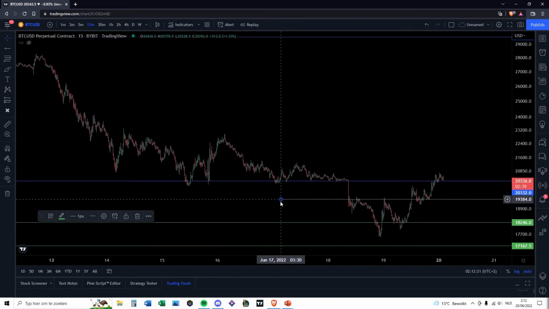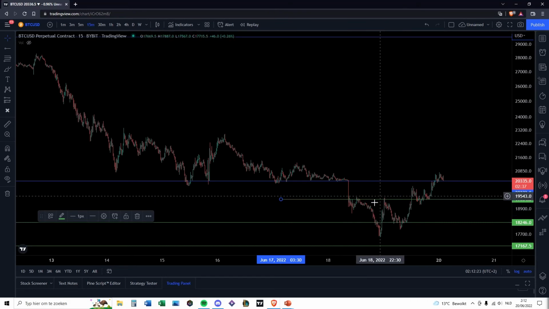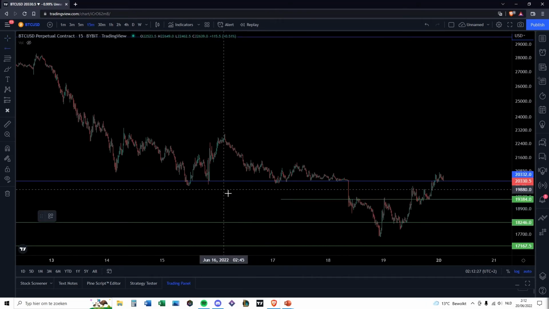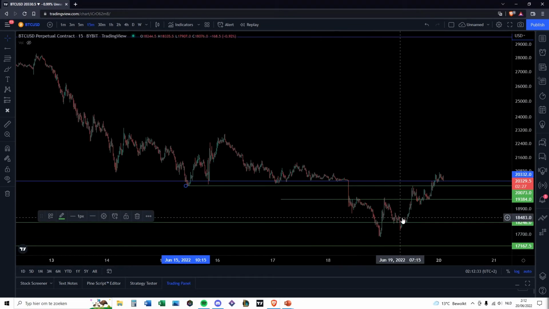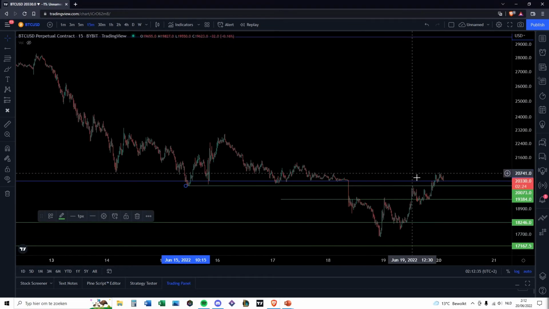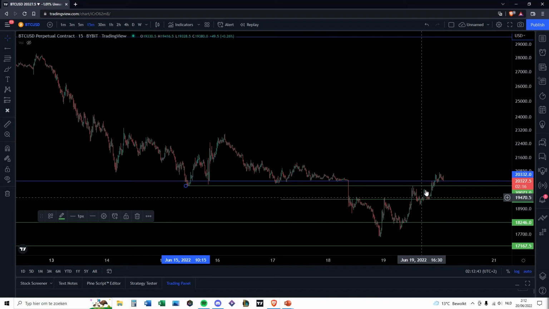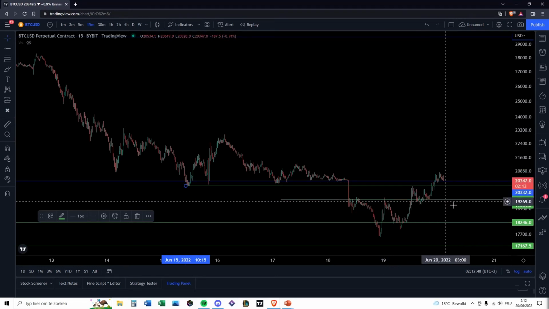Here you see the tops. These ones were really obvious, I believe. And no clue what this was. Maybe here. It's really good to see afterwards. Even me, after trading a lot of hours a day for lots of years, I always go back and look for the reason why it stopped there.